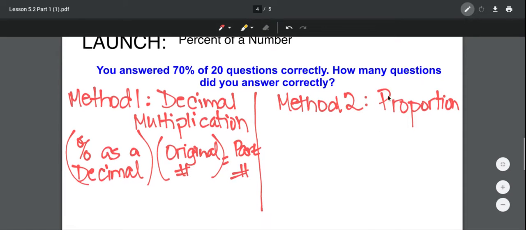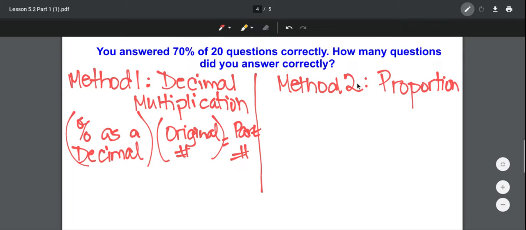You answered 70% of 20 questions correctly. How many questions did you answer correctly? Well, 20 questions represents your original number, because that's originally how many questions you had on the test. 70% represents the actual percent.